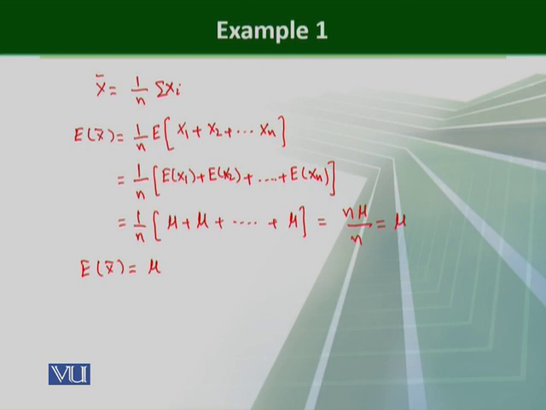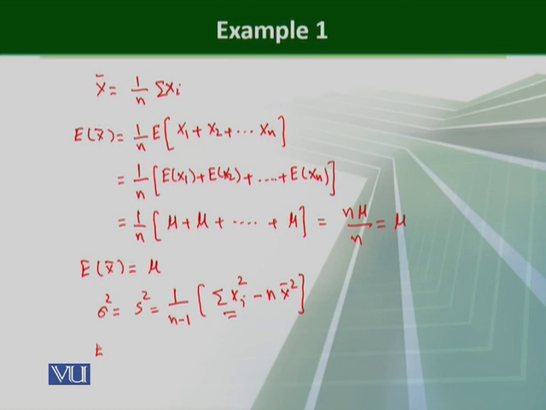Similarly, for sigma square, we use the s square here. We know that it is 1 over n minus 1 into sum xi square minus n x bar square, and we use some relations here.